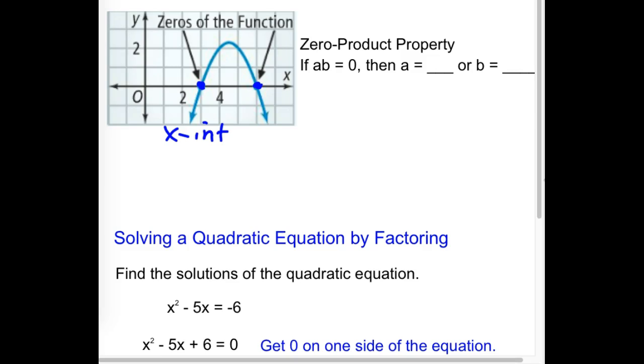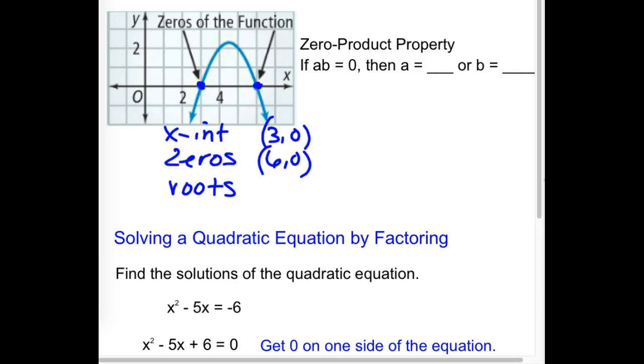They are the zeros of our graph. We also sometimes refer to them as the roots of our equation. But regardless of what we call them, the coordinates, you said this one was at 3, 0 and 6, 0. The coordinate for your y piece is 0 for both of them.